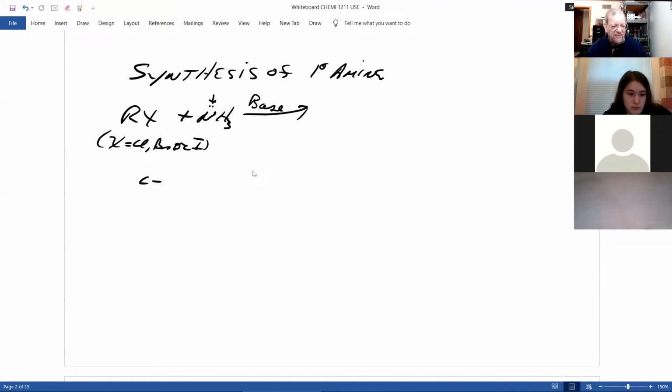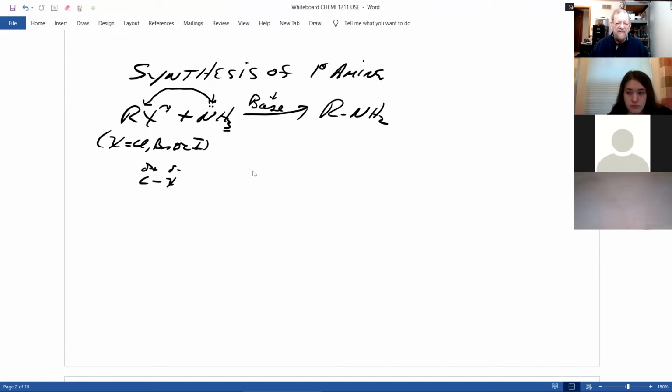And a carbon with a halogen, this is slightly positive, this is negative, because there's a difference in electronegativities. And what happens is this attacks that, kicks out that, plus loses a hydrogen. You get HX, which is an acid, which is neutralized by the base, and you make a primary amine.